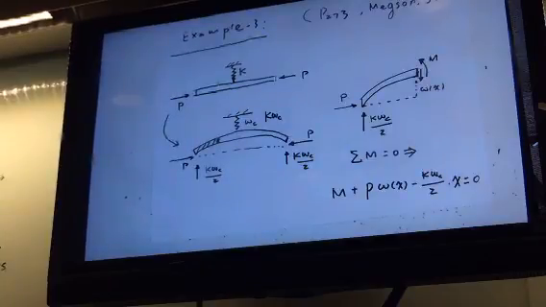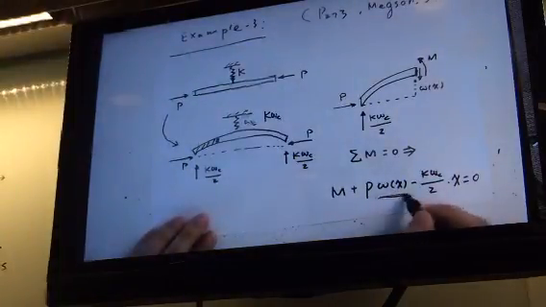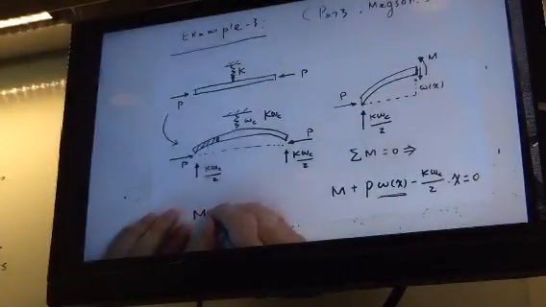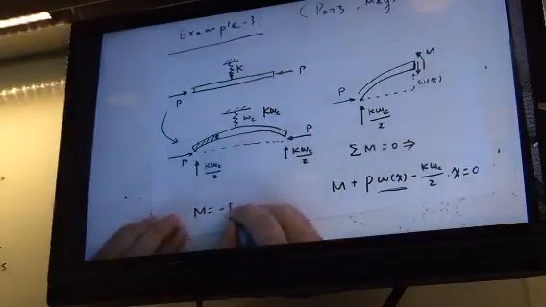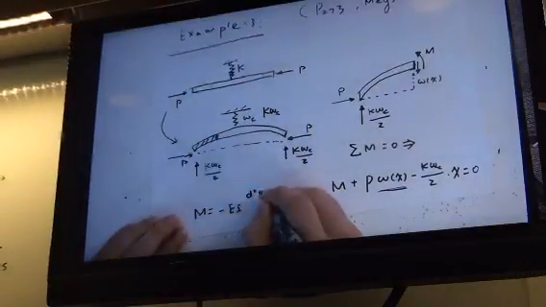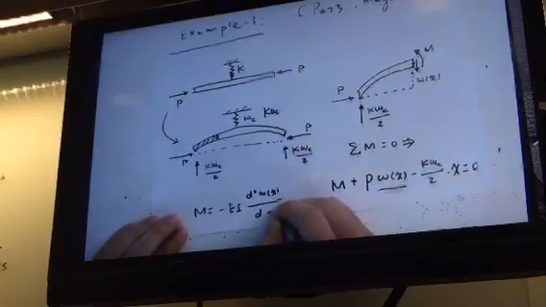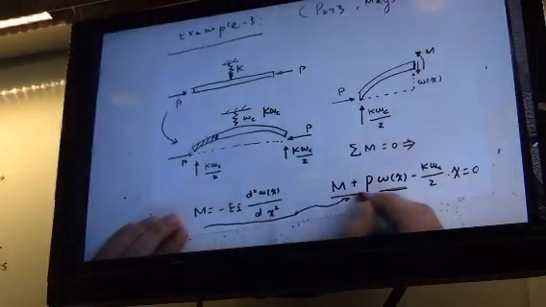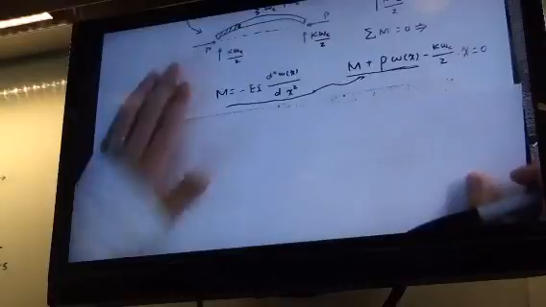Because we are trying to solve for the deflection w(x), we need to rewrite the moment M as EI d²w/dx². We use this in the equation, and then we can write the equation in terms of w(x).